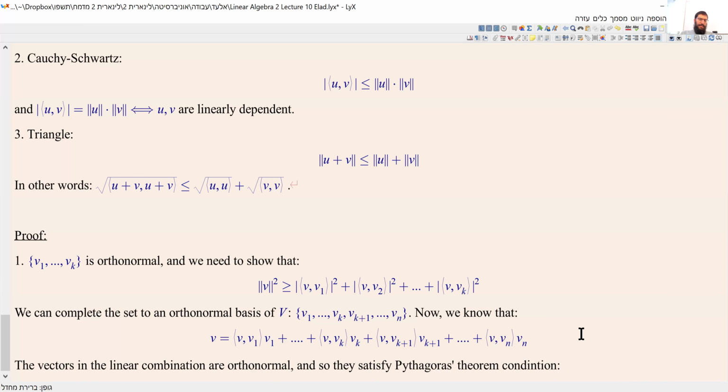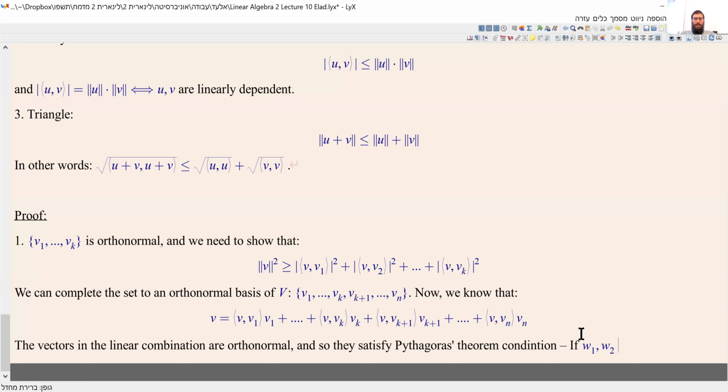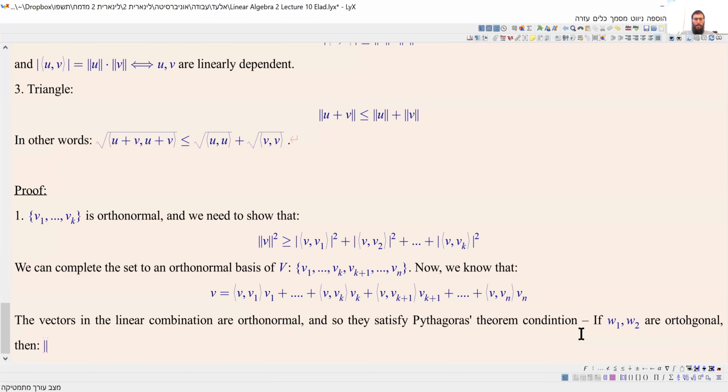What Pythagoras says: if two vectors W1 and W2 are orthogonal, then the norm squared of the sum is the sum of the squared norms.